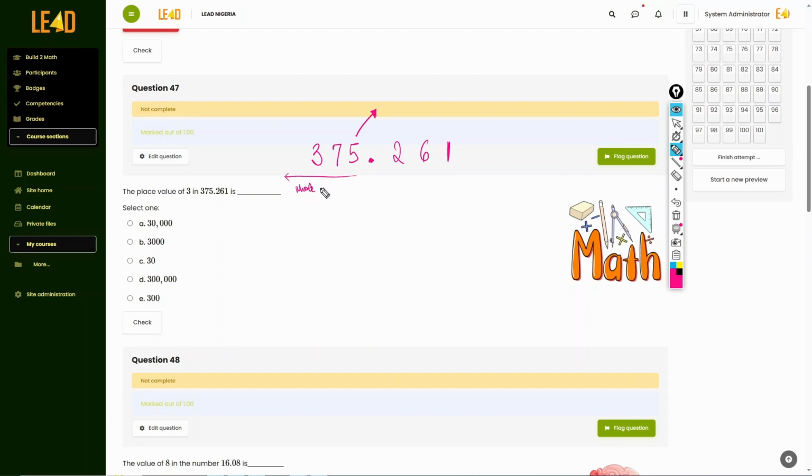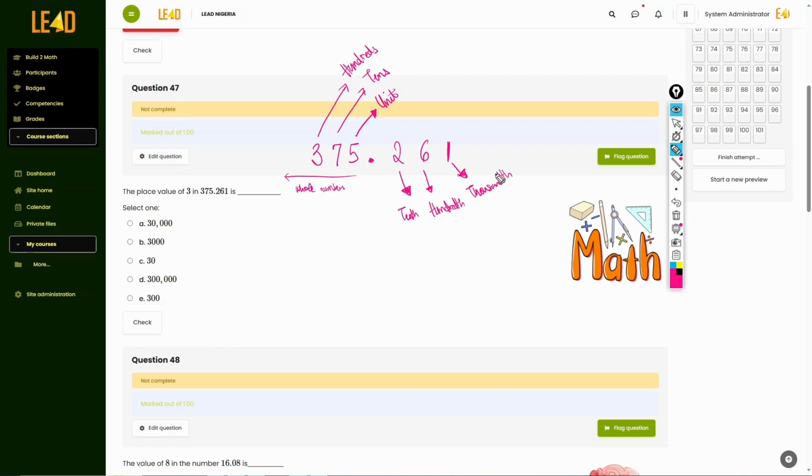So this is units, this here is tens, and this here is hundreds. On the other hand, here we have tens, and then we have hundreds, and then we have thousands.